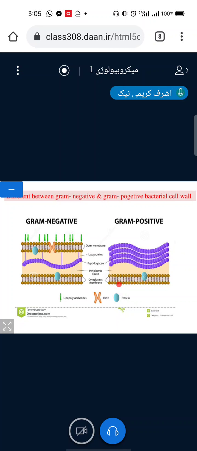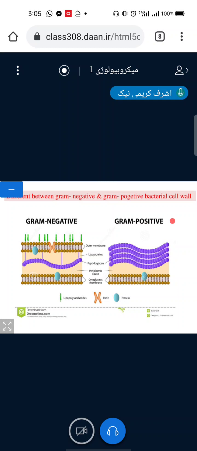It is composed of phospholipids and protein. Blue protein means general protein.